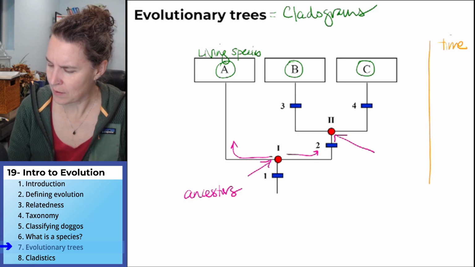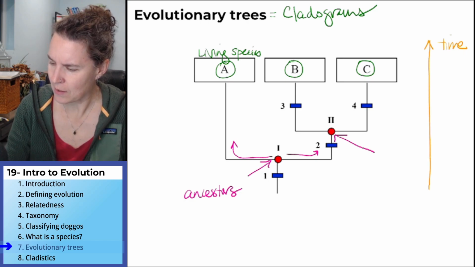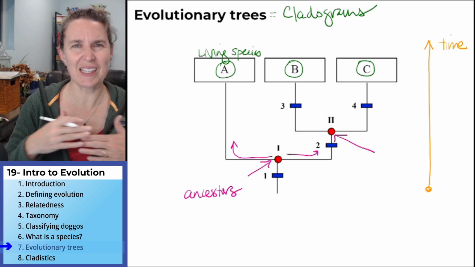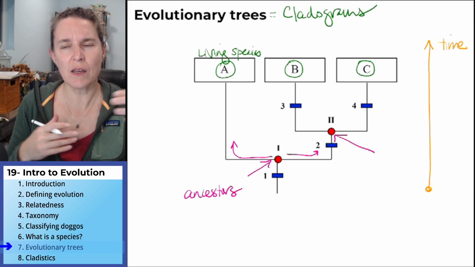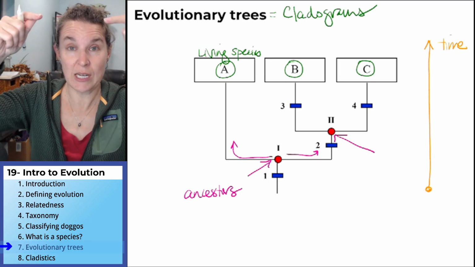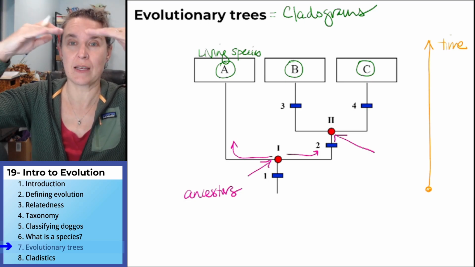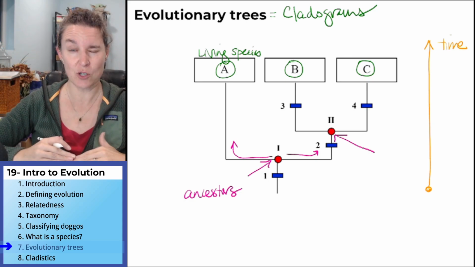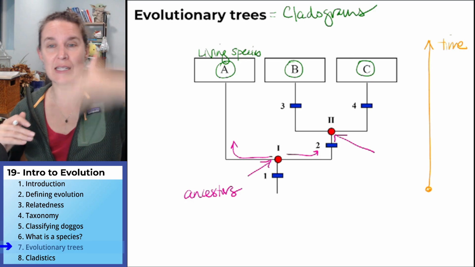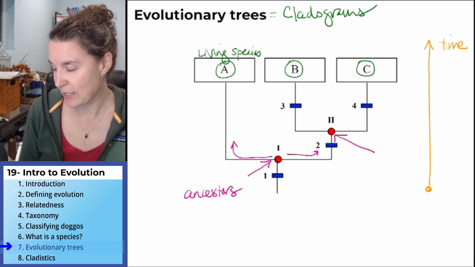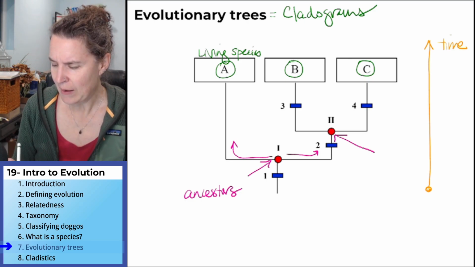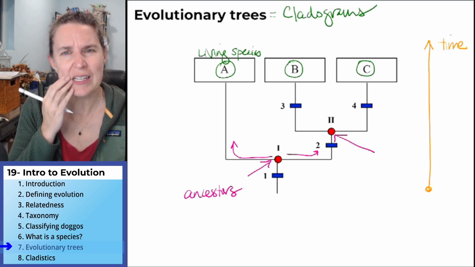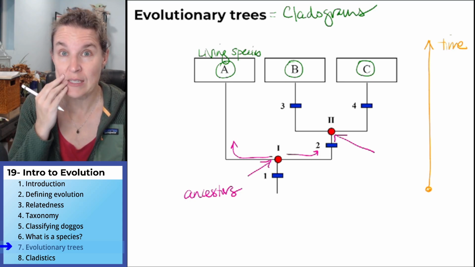Maybe we should notice this. Time is illustrated on a tree where the tips of the tree are the most now, and the base of the tree is the farthest back in time. So you can look at this and say, oh, okay, this ancestor number 1 is actually older than ancestor number 2.